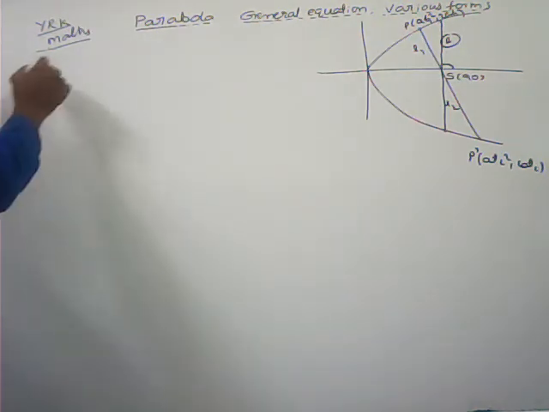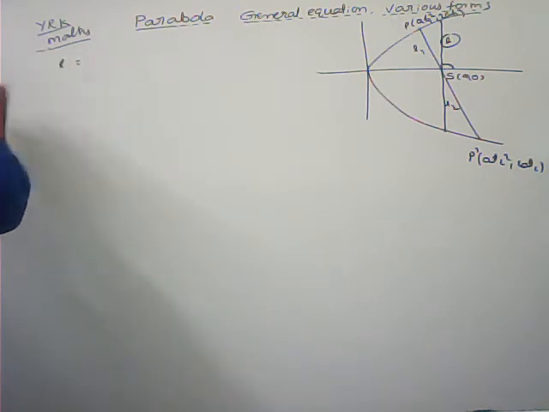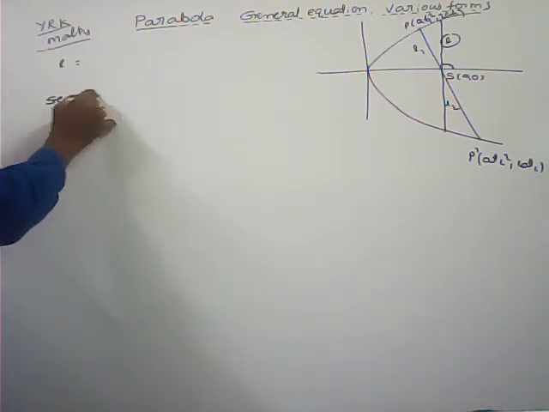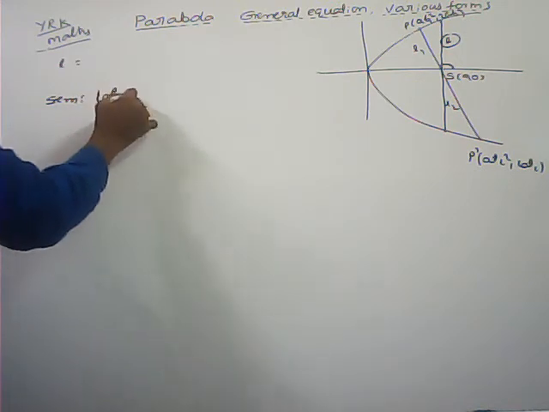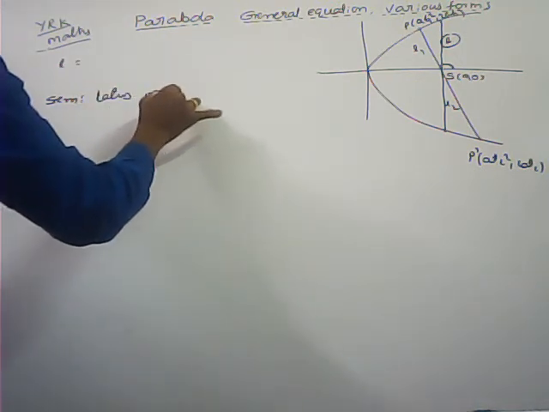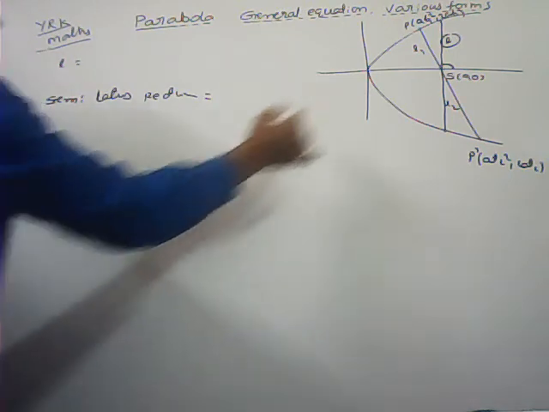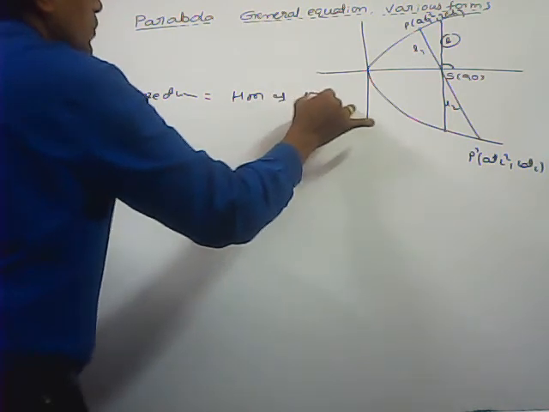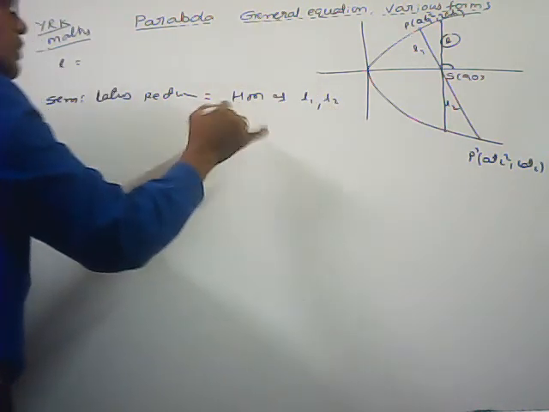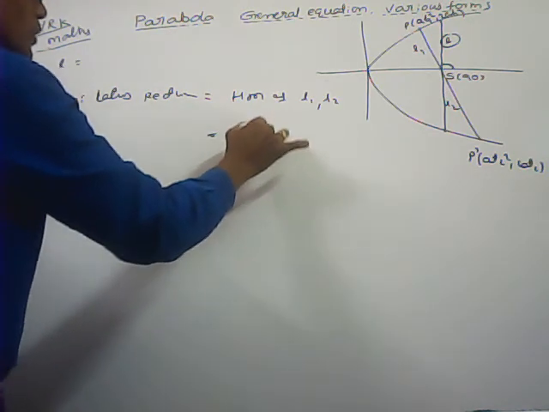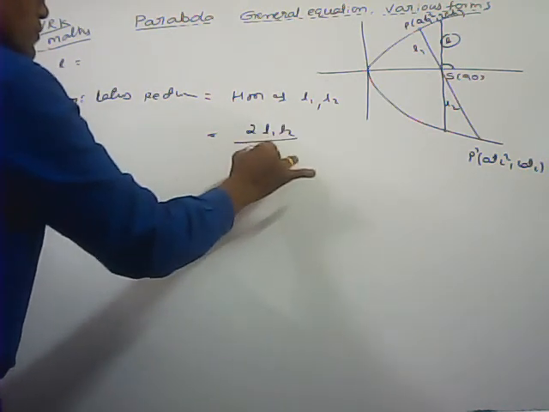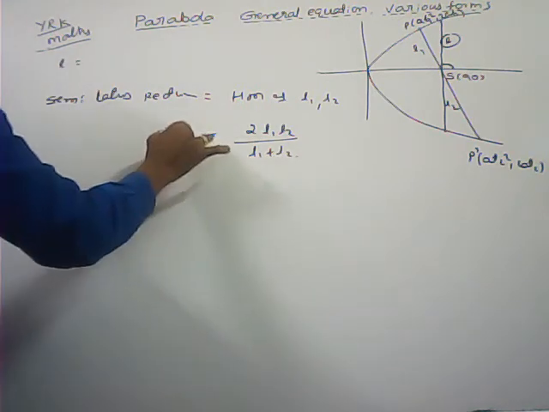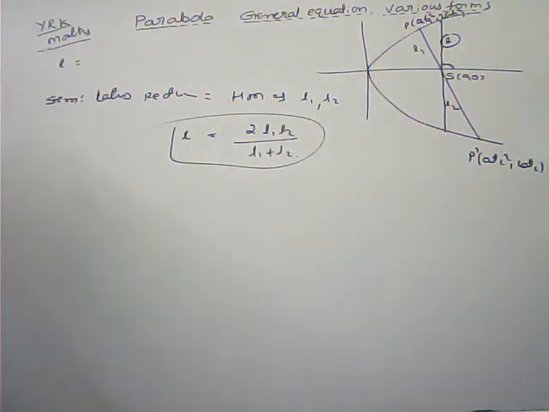So here L is the semi-latus rectum, that is equal to the HM of the focal segments L1 comma L2. What is the HM of A comma B? 2AB by A plus B. So 2 L1 L2 by L1 plus L2. This is the semi-latus rectum. That is always the HM of the focal segments. This is very, very important.